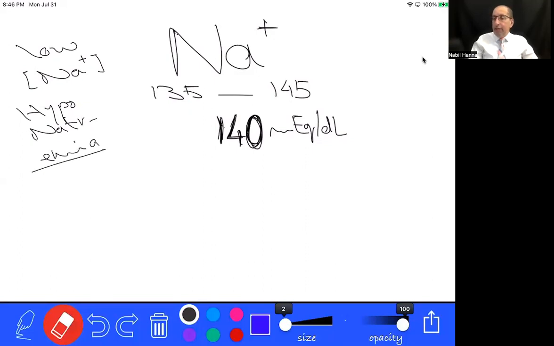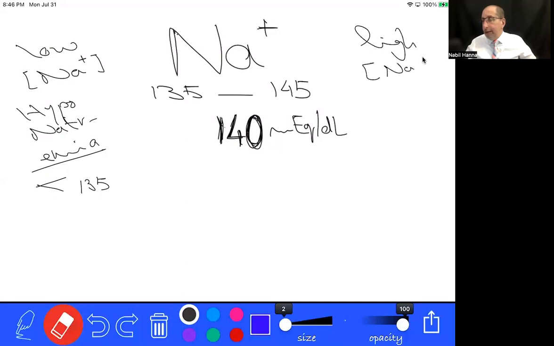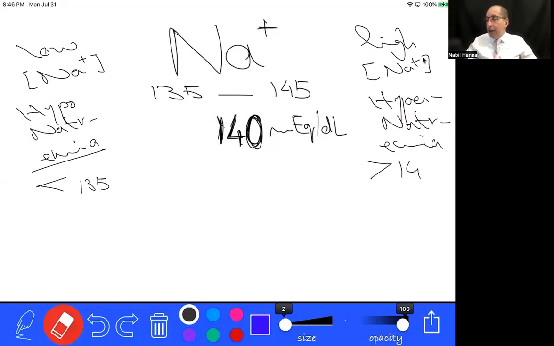So hyponatremia is sodium less than 135. By the same token, if you have high sodium in your blood, high natrium, you have hypernatremia. Hypernatremia is whenever your sodium is more than 145.